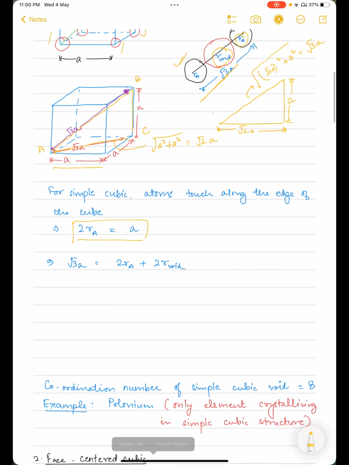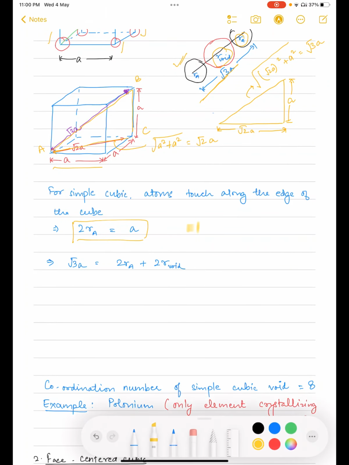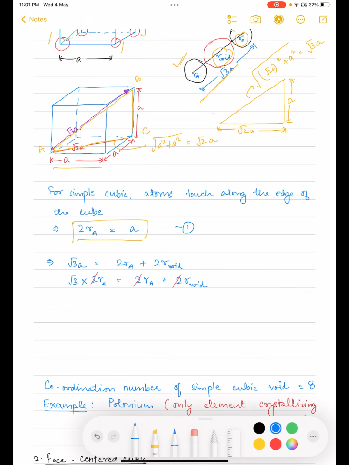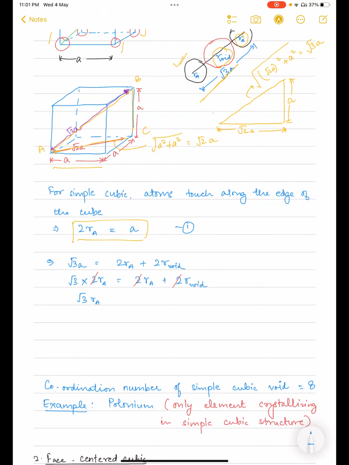If I replace this a from equation 1, I get root 3 into 2Ra equal to 2Ra plus 2R void. So 2 and 2 cancel out from both sides, and this leaves me with root 3 Ra equal to Ra plus R void. So this gives me root 3 minus 1 times Ra equals R void.